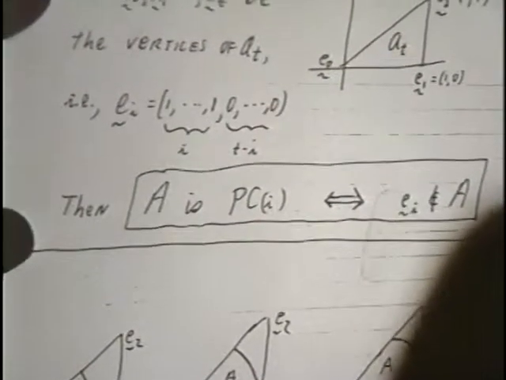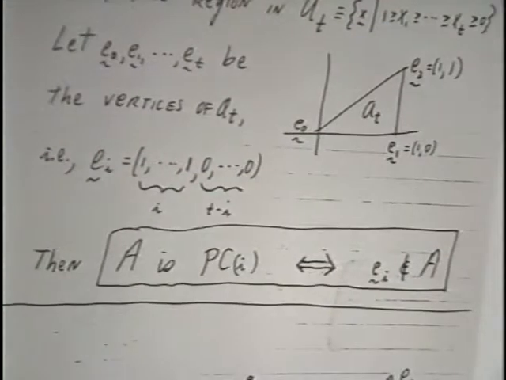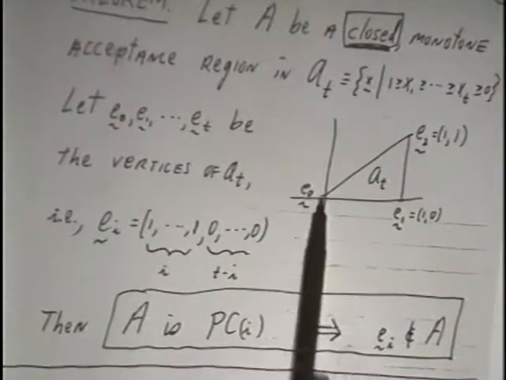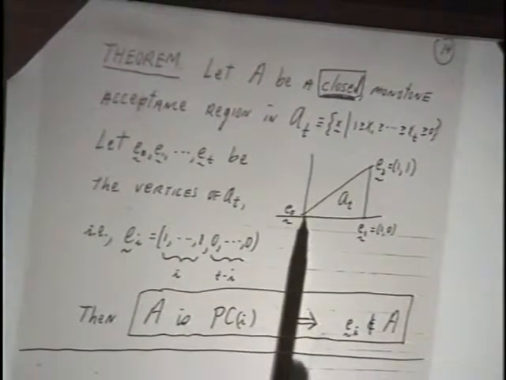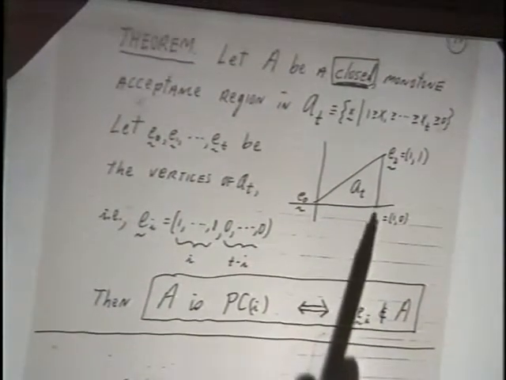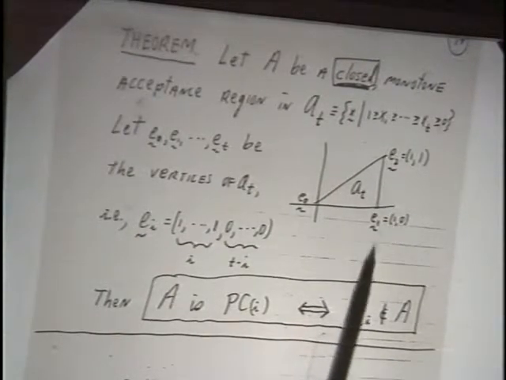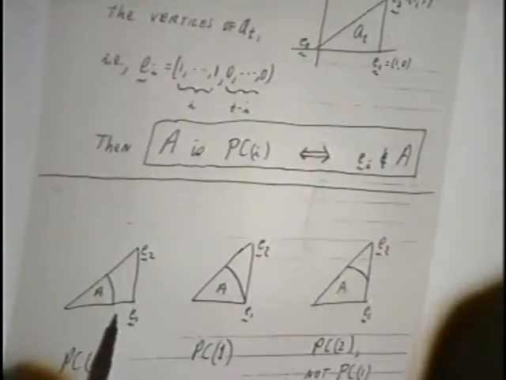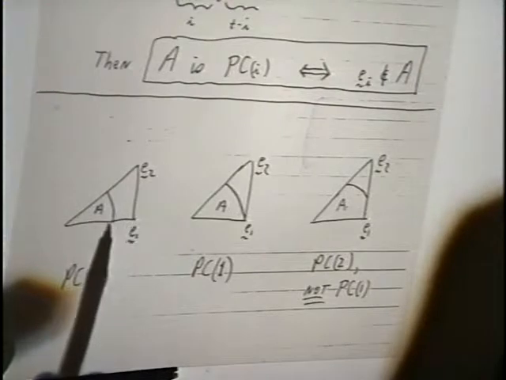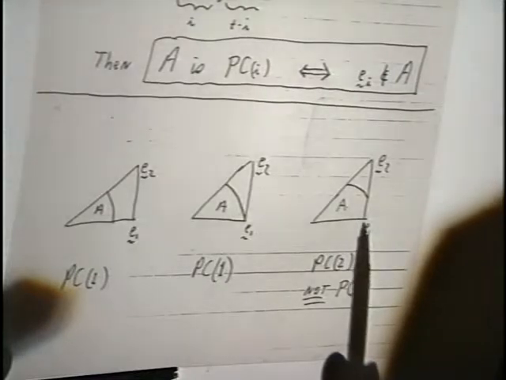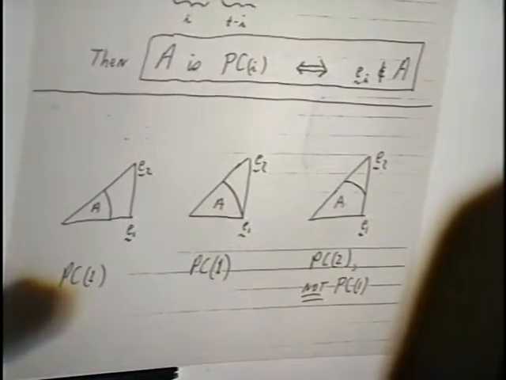Now, a simple geometric condition determines parameter consistency of degree I without going over all these details. It's very simple. You look at the vertices of this region A sub t, that's the domain of the D vector, D1 up to dt. If, for example, E1, which is 1, 0, if this corner falls in the rejection region or on its boundary, outside the acceptance region, that is, or on the boundary, then we have parameter consistency of degree 1. If not, parameter consistency fails.